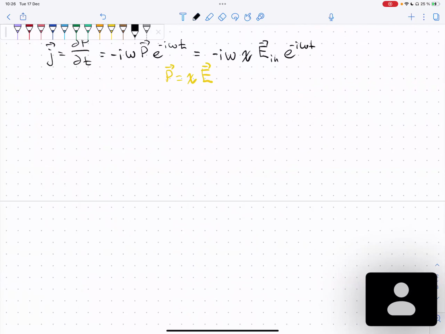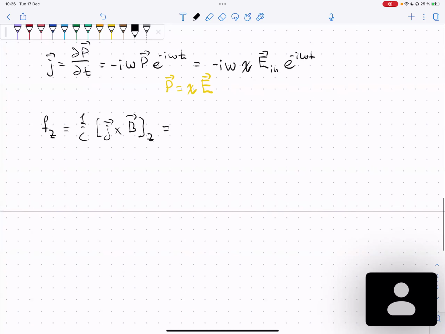So the Z component of the force will be equal to 1 over c, the Z component of the current times the magnetic field, which we can rewrite as minus i omega chi divided by c, electric field multiplied by the magnetic field, and the z component of this.